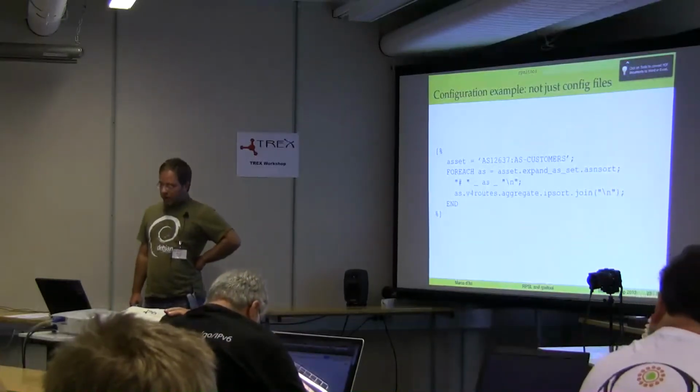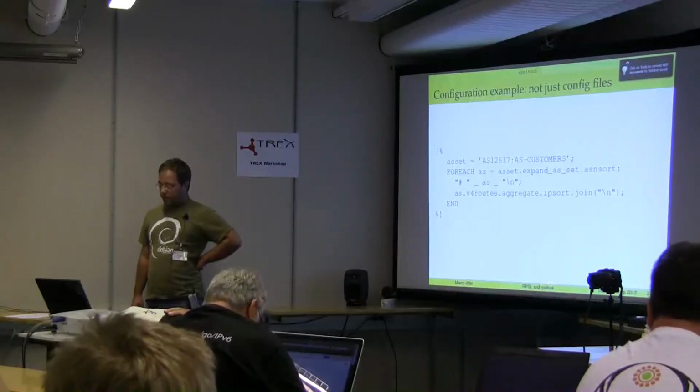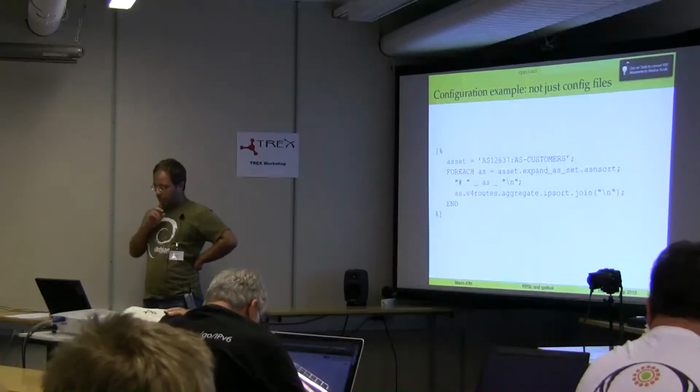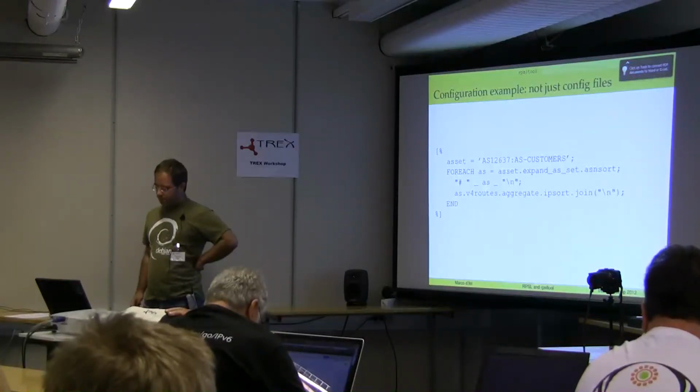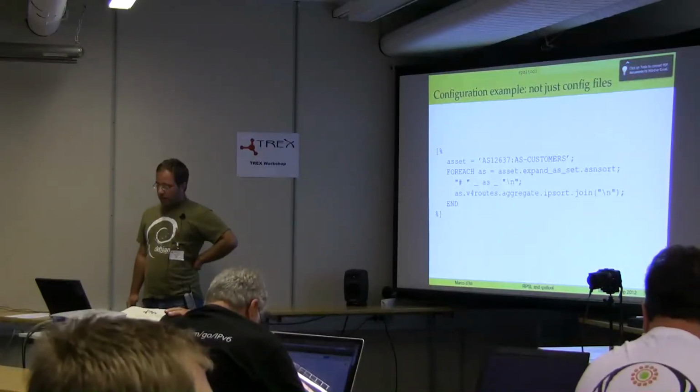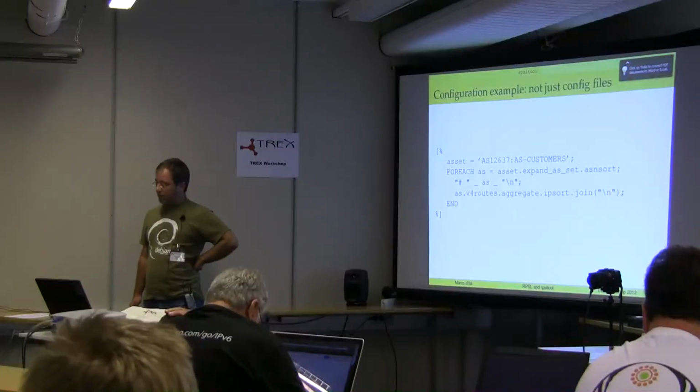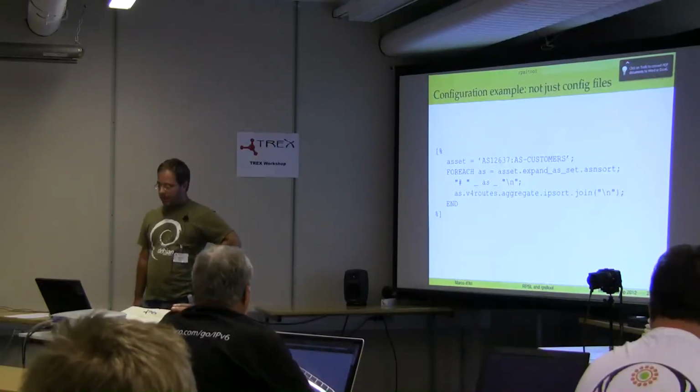You can also use RPSLTools in a different way. This is a complete example of a different kind of template. This one does not use a configuration file with a list of neighbors. It's just a template by itself.